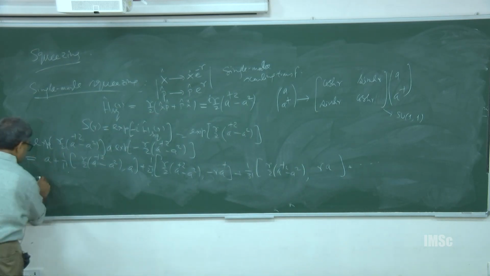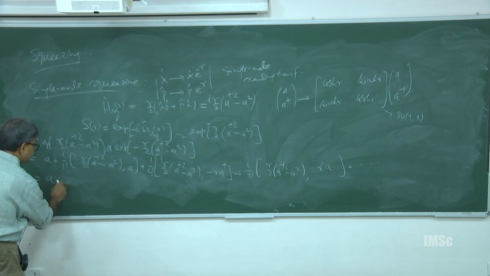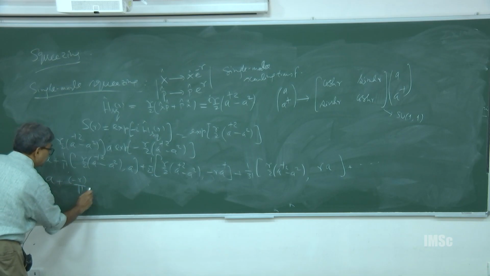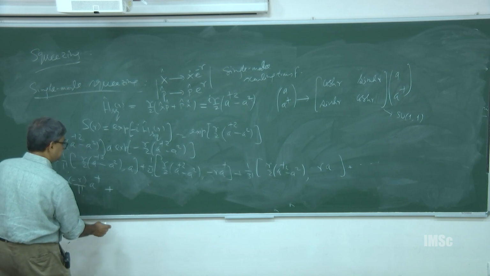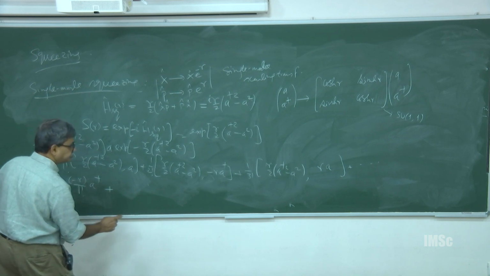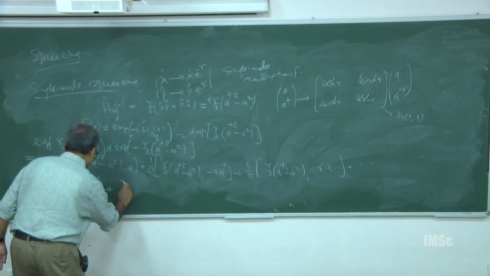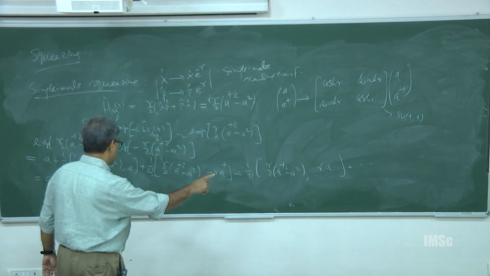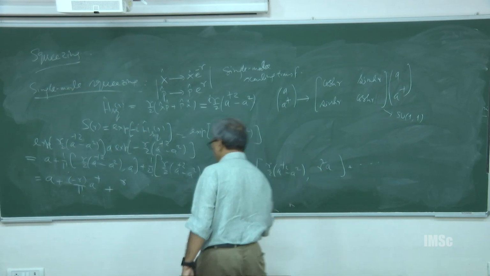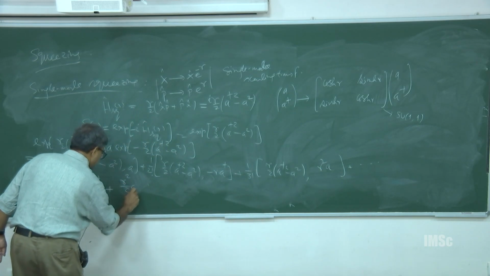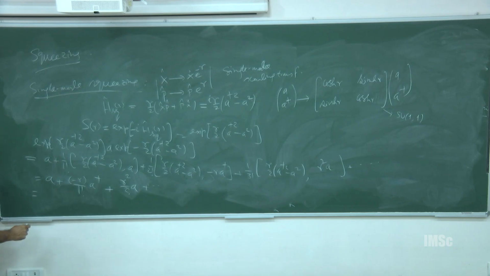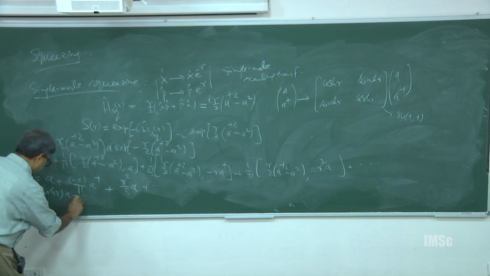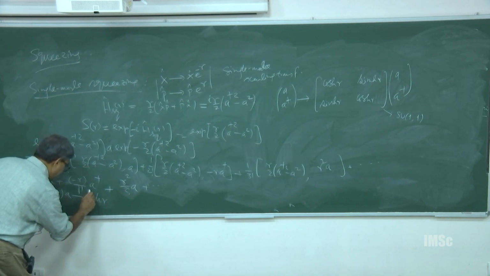So, this is a, and this part, as I said, plus minus r by factorial 1, this is a dagger, plus this r, no, this should not be r, this is r square. So, r square by factorial 2 a plus so on. So, this is your cos hyperbolic r a and minus sin hyperbolic r a dagger.